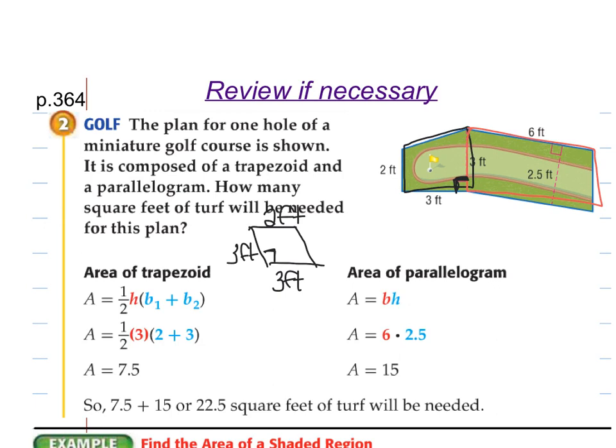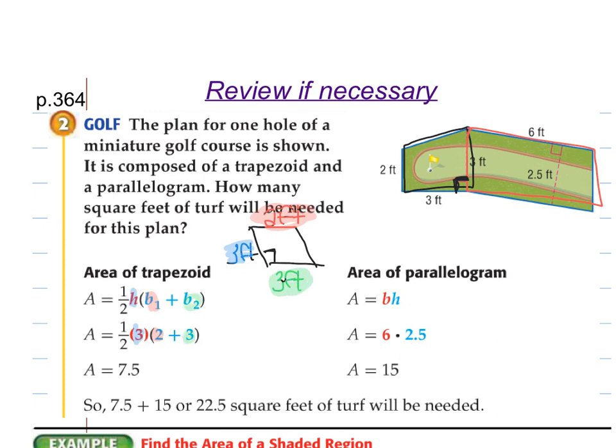So this 3 is our height. Base 1 is 2 feet. That's the one on top. Really switched up the colors here. And base 2 is the base on bottom, which is 3 feet. Okay?